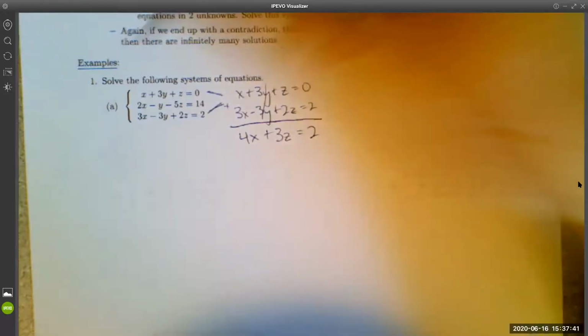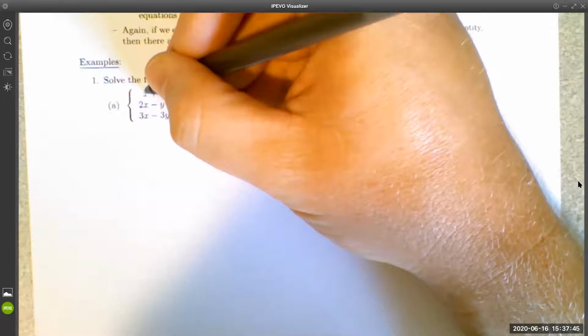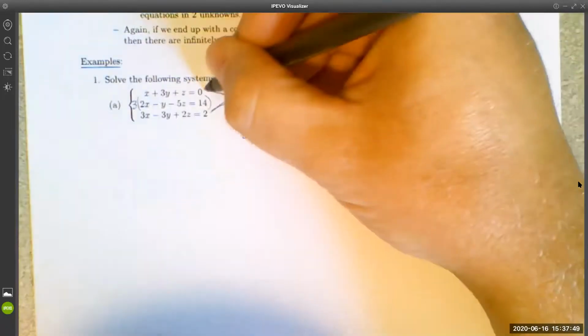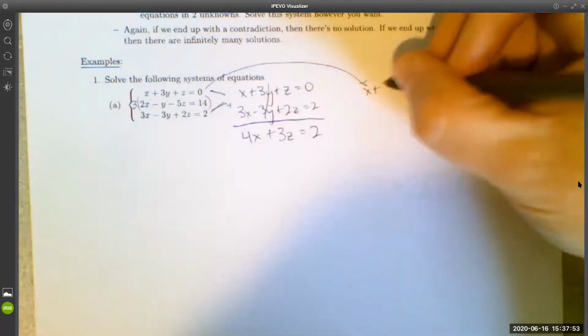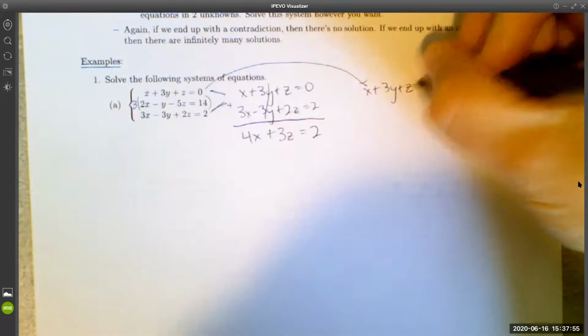And then the other thing I said I could do would be to add the first equation and 3 times the second equation. So I'm going to do that over here. I'm going to have, again, x plus 3y plus z equals 0.